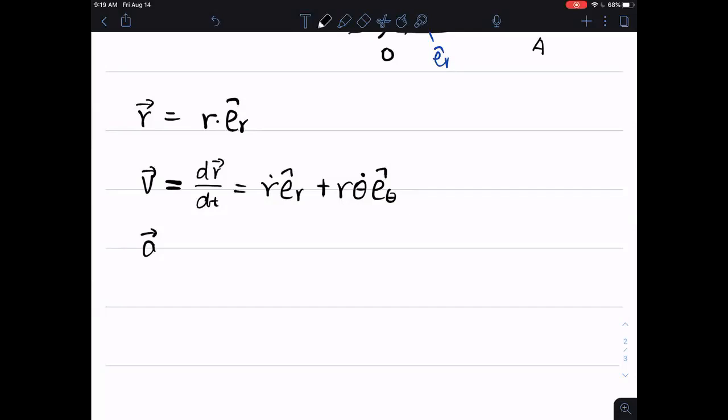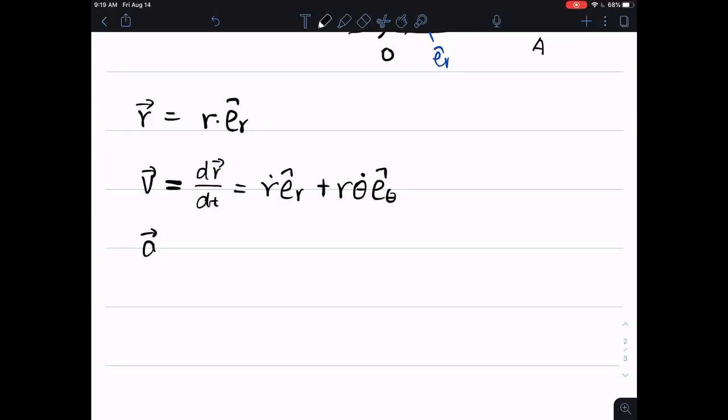I know some of you, not all of you, maybe one or two of you, are very interested in math and have a question: Professor, how do we get from the derivative of this to this equation, where we now have theta dot and e_theta? What is going on there?